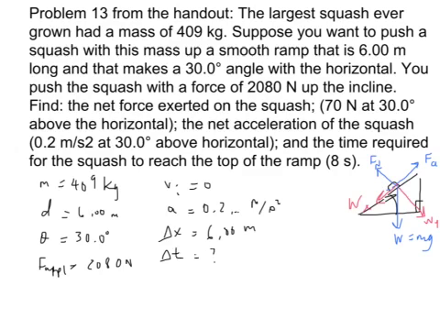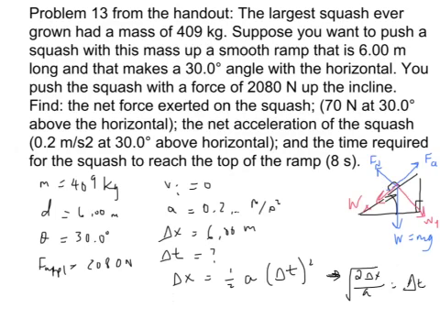So the equation we use, the one with these variables, is delta x equals vi delta t plus 1/2 a delta t squared. But since vi is 0, the vi delta t term is 0. So then we just have 1/2 a delta t squared. To solve for delta t, we're going to do 2 delta x over a, square rooted.